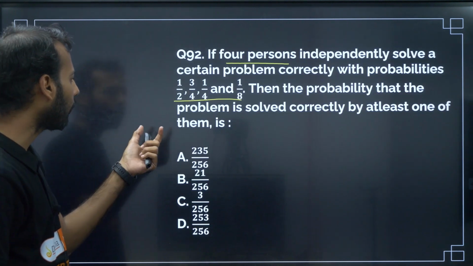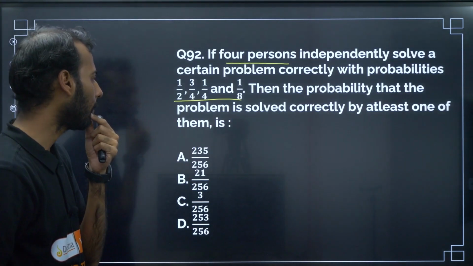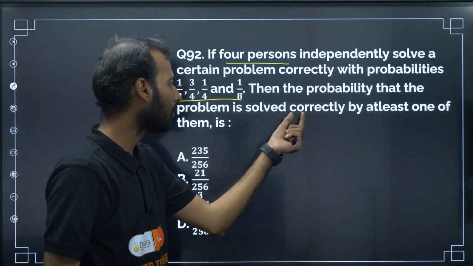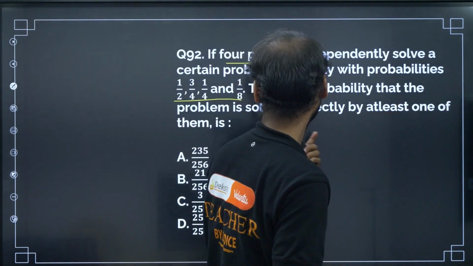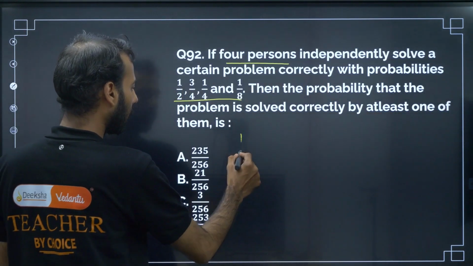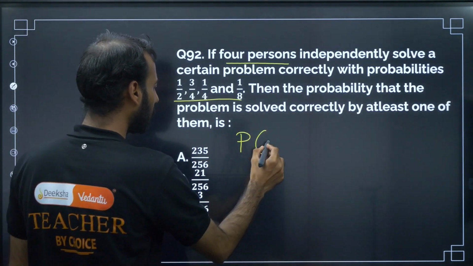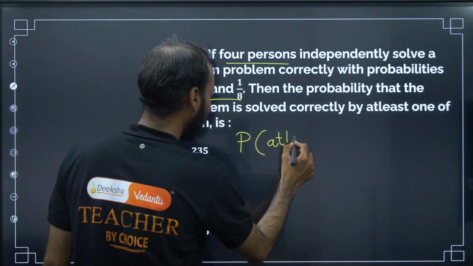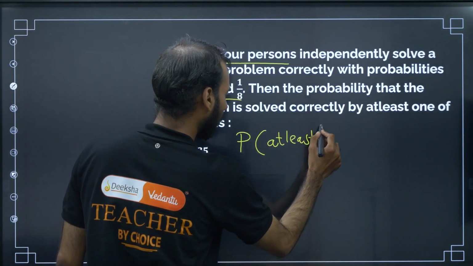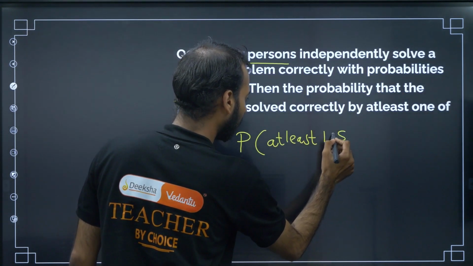The probability that the problem is solved correctly by at least one of them is what they are asking. So probability of at least one should be correct.